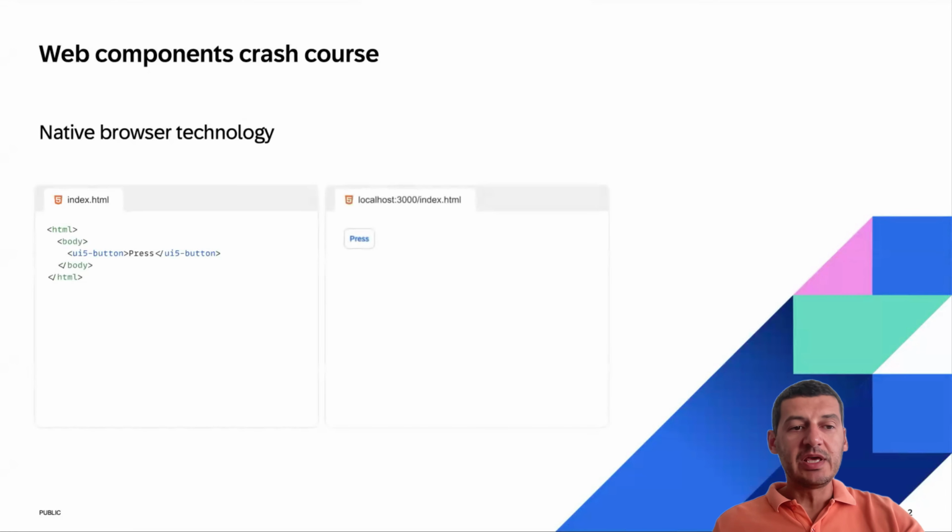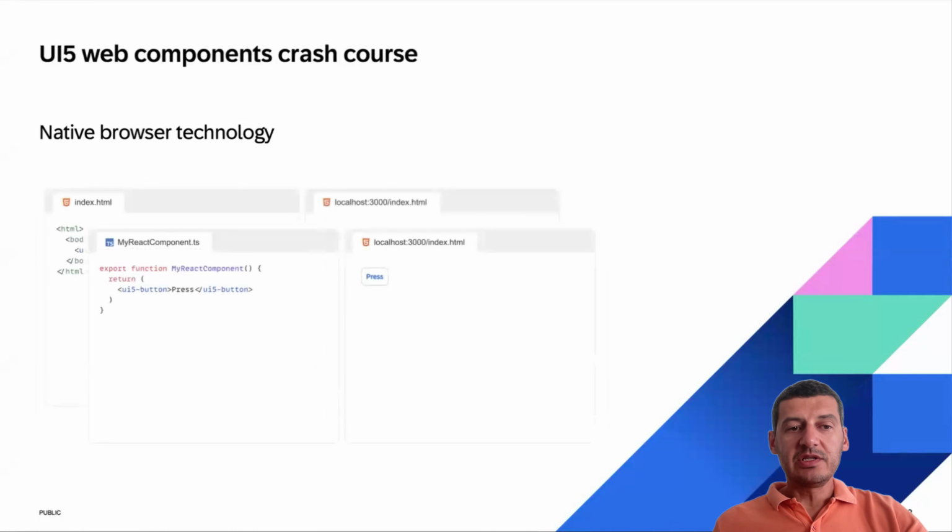We add JavaScript, and basically you tell the browser what to do with this tag name, UI5 button in this case. And because it's just native HTML and the browser knows about it, you can use it in React and in any other technology.